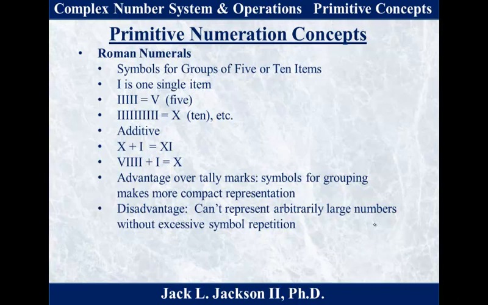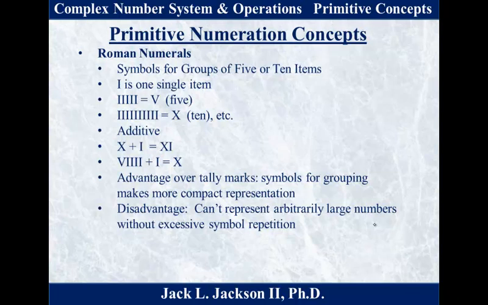In the most primitive form, this is all they had. In the Middle Ages, they added a subtractive property and a multiplicative property, but that was much later. The most primitive numbers, they just simply had an additive notation. So if you ever get enough of the smaller symbols together, it can be replaced by a larger symbol.